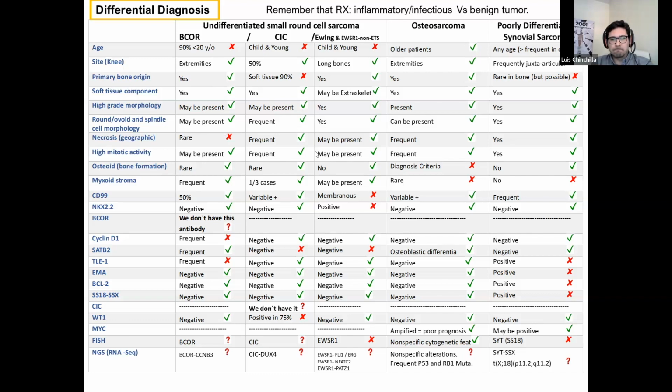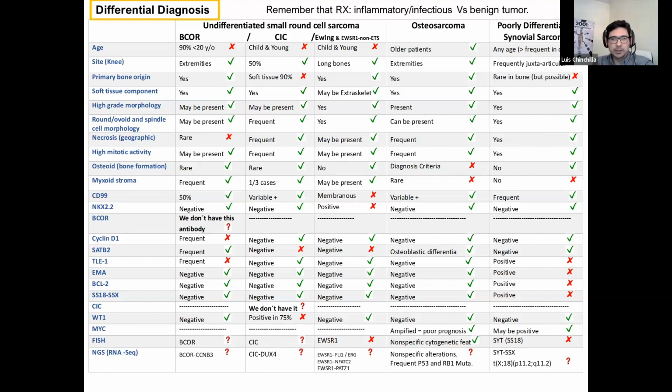But I couldn't confirm this option because I don't have FISH or molecular techniques or NGS to rule out these options. And synovial sarcoma at this moment, I thought this is not the correct diagnosis, so I could rule out this.